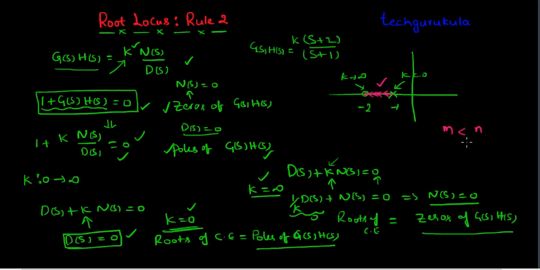Now if m is less than n, usually what happens is that m branches of this root locus are going to terminate at these open loop zeros, and the remaining n minus m will tend to infinity. We'll see about this in the coming rules.